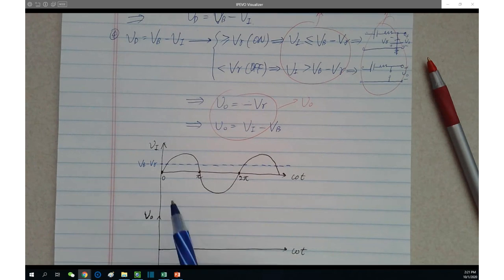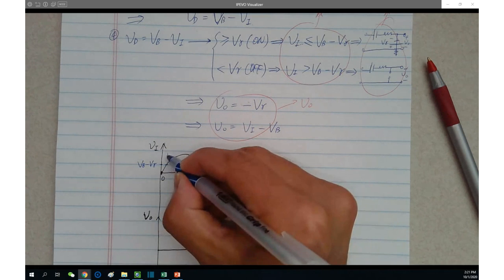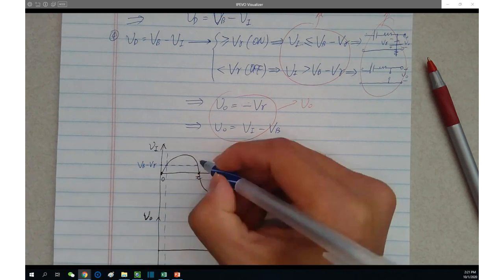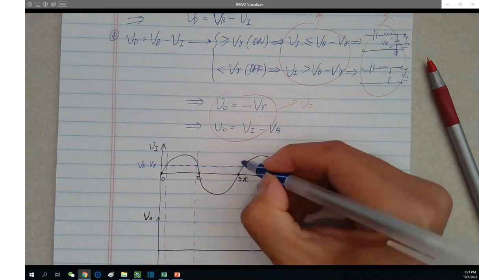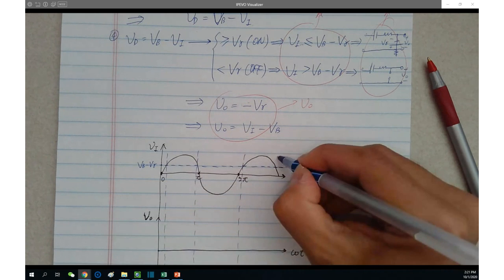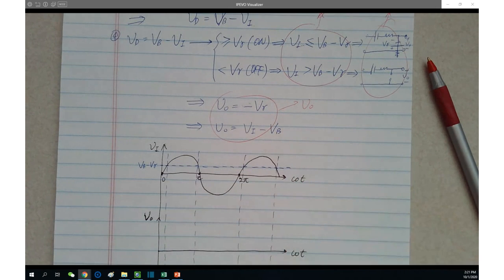So the black Vi compared with the blue dashed line VB minus V gamma, once again, a constant, intersects with the Vi to create different omega t windows, right? Does it make sense? It's all up to the intersections between the black and the blue.